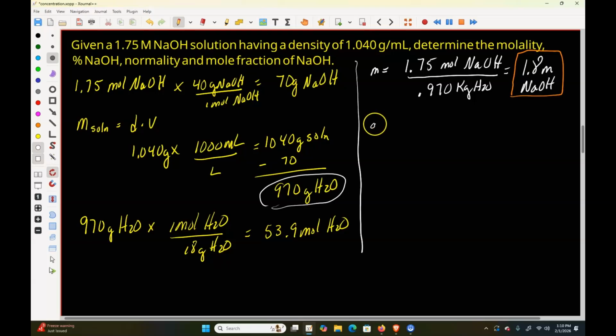Okay, for the percent. Okay, I have 70 grams of sodium hydroxide. And my total solution was 1040 grams.